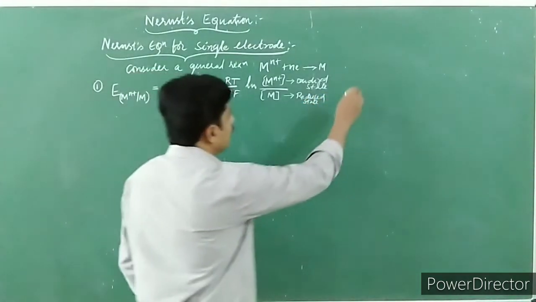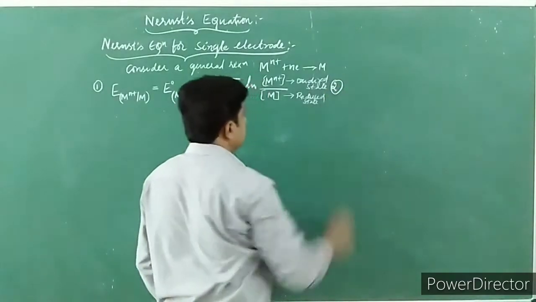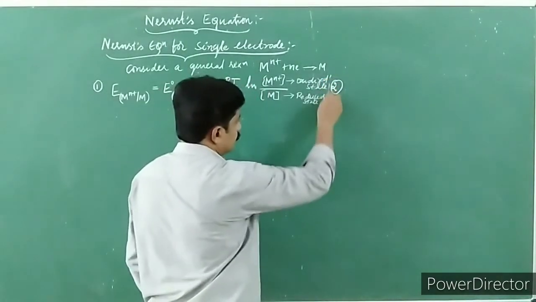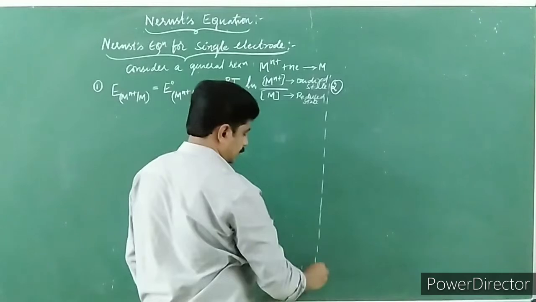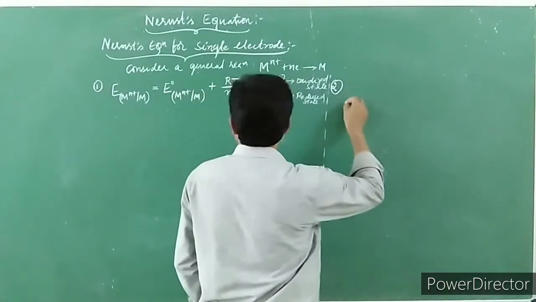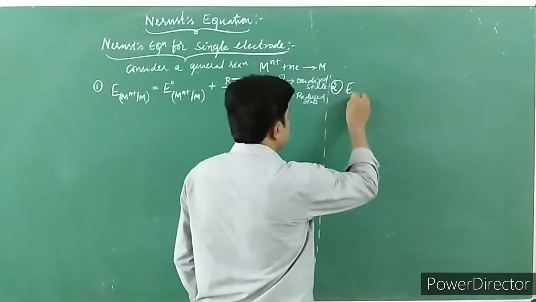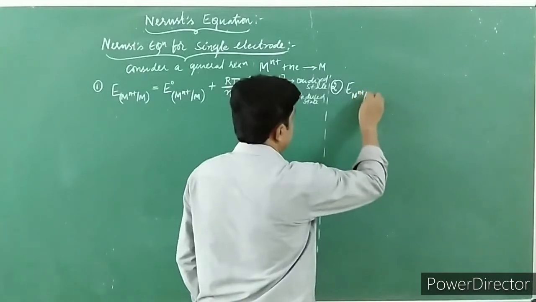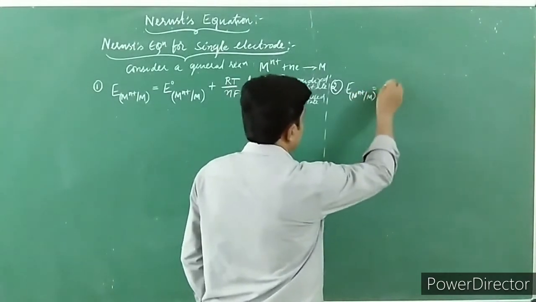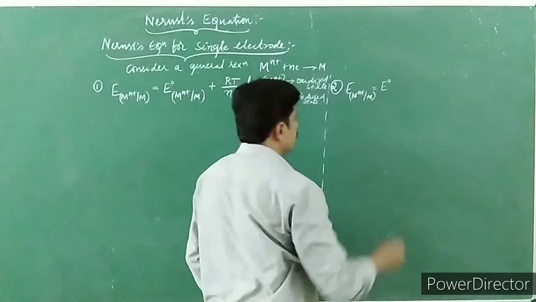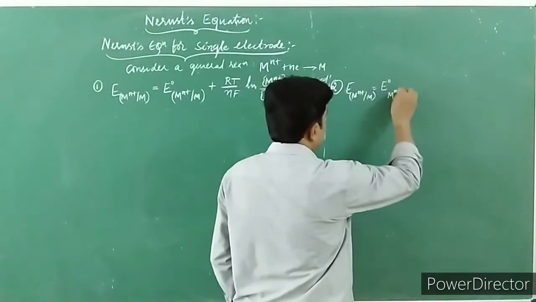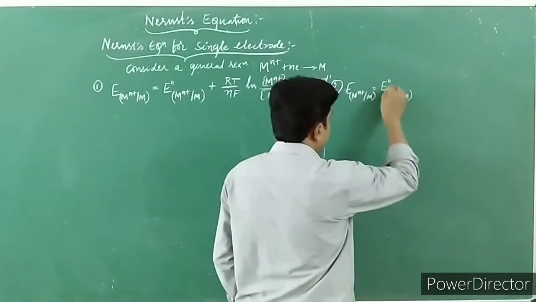Children, the second method I'll write here. Second method: E Mn+|M is equal to E naught Mn+|M.